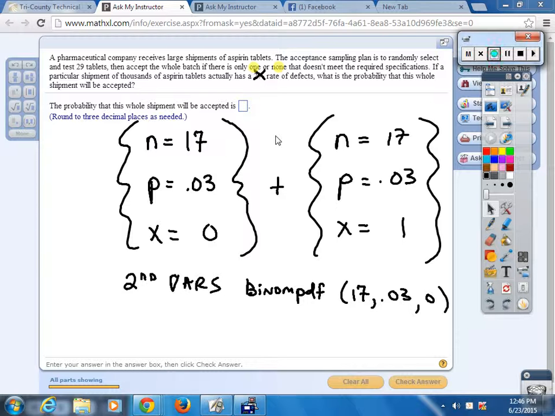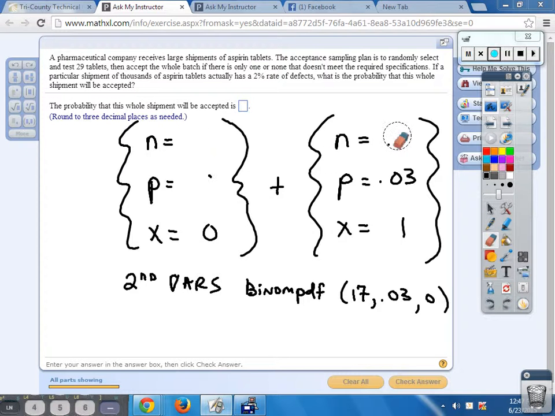If a particular shipment of thousands of aspirin actually has a 2% rate of defects, what is the probability that this whole shipment will be accepted? Well, we're going to do some changes here. Our new n is 29, and our new p is 0.02.